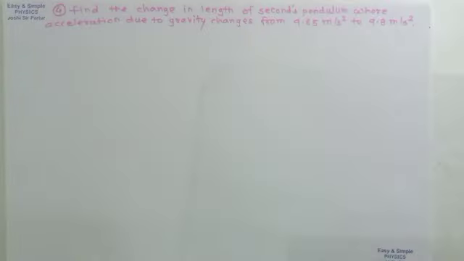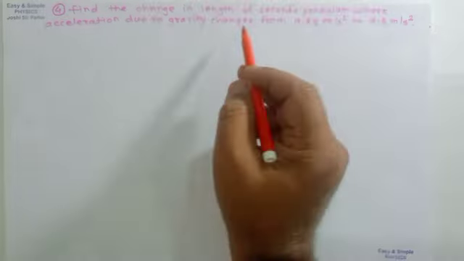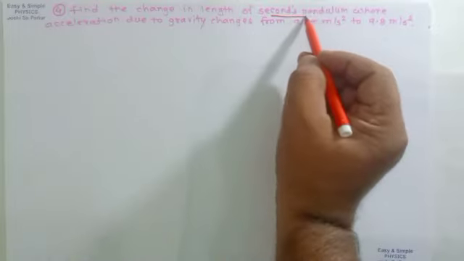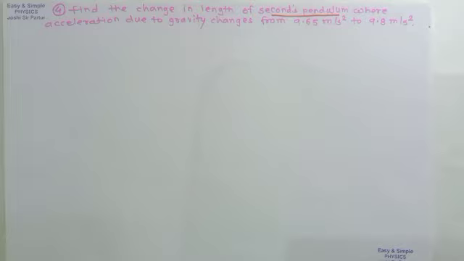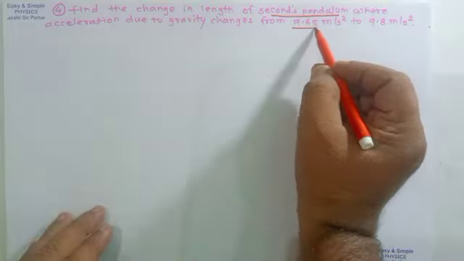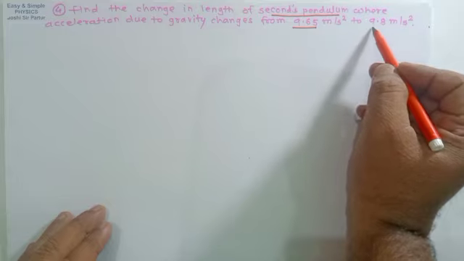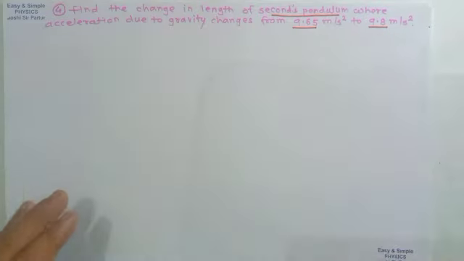Again, if we can solve another example, that is, find the change in length of second's pendulum where acceleration due to gravity changes from 9.65 meter per second square to 9.8 meter per second square.